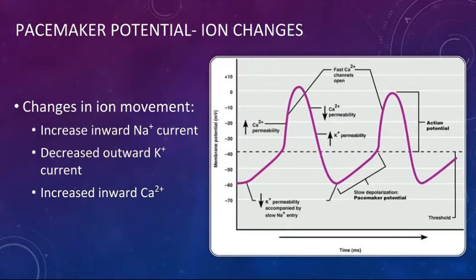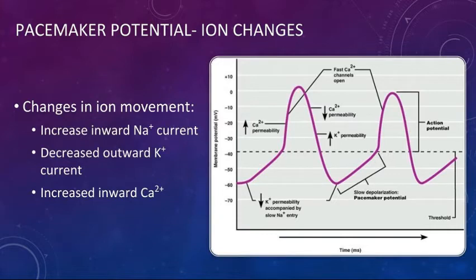The second ion change is a decreased outward potassium current. Unlike nerve and skeletal muscle cells, the permeability to potassium changes. When the membrane potential reaches negative, the potassium channels slowly close, decreasing the amount of potassium that leaves.